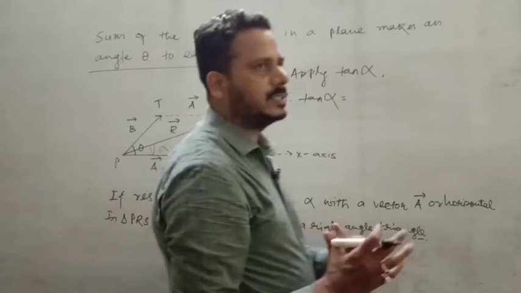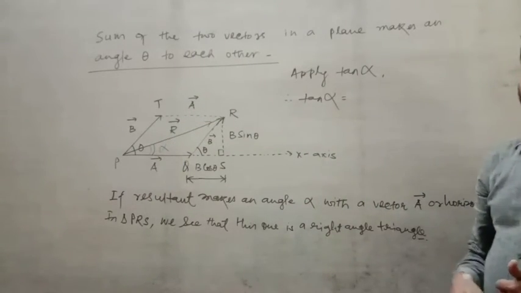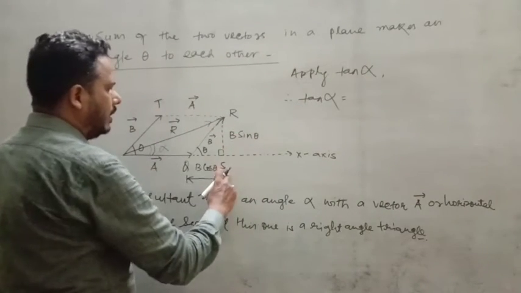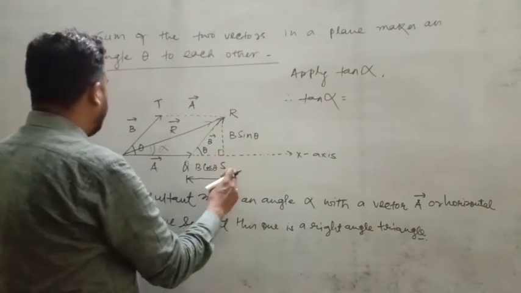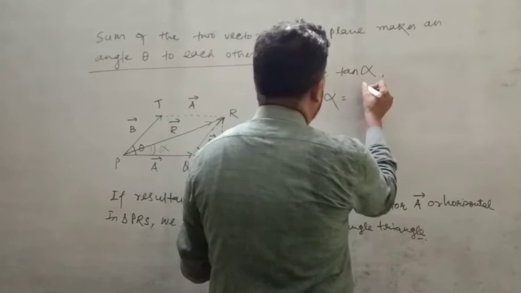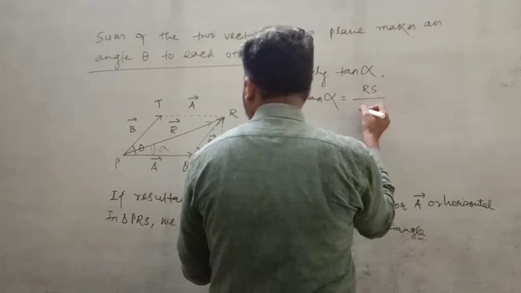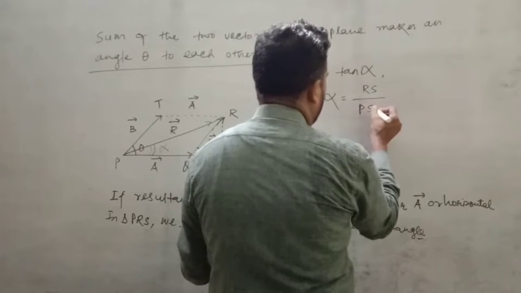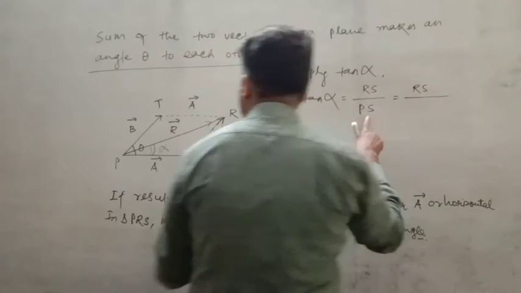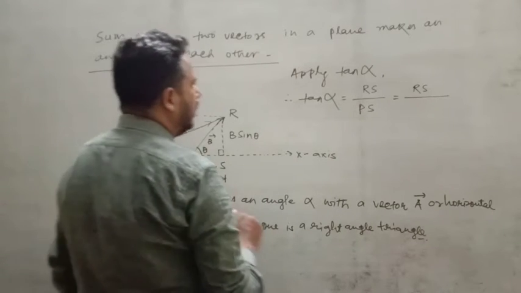So see, this one is a tangent, so tan is always perpendicular by base. Your perpendicular is RS, and base is your PS. Therefore tan alpha is RS divided by PS, where RS is the same, but PS is split into PQ and QS.